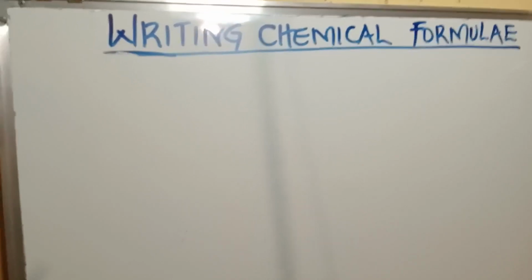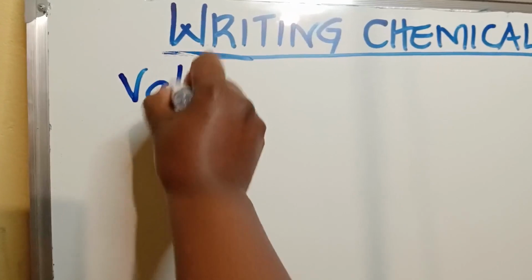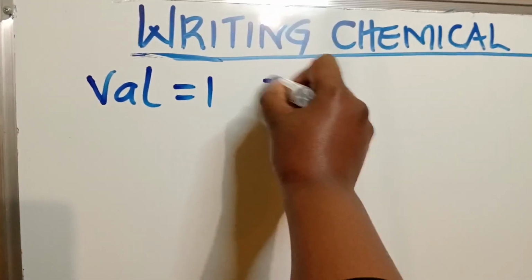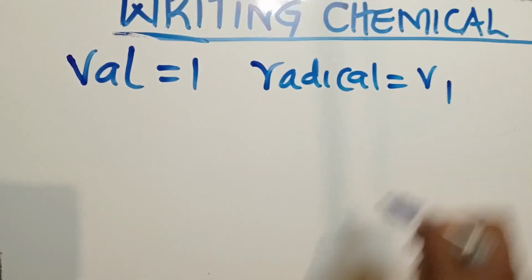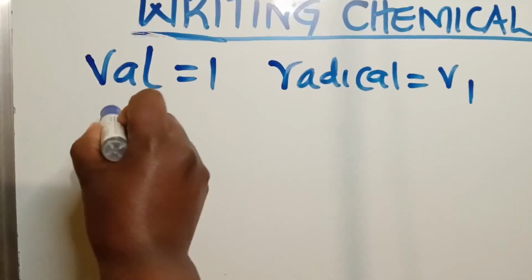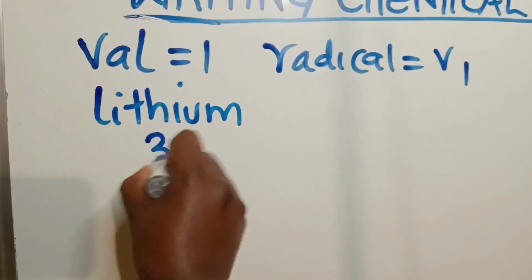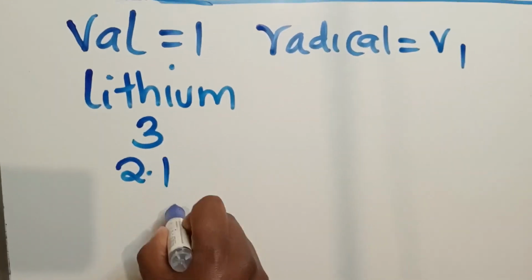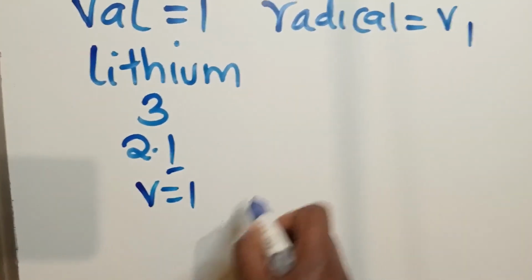Here we go to radicals. So first of all, we get an element with valence 1 and a radical with valence 1. So we can use lithium with atomic number 3, 2.1. So as a metal, it uses the 1, so valency becomes 1.